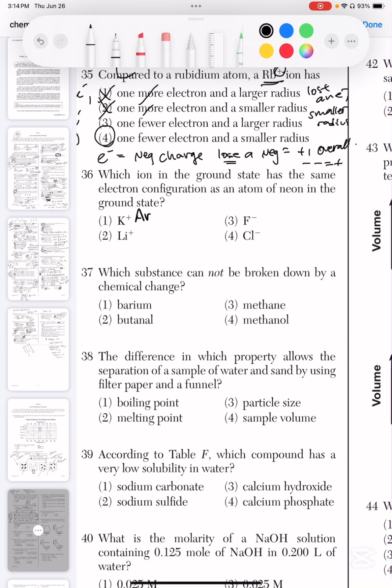This one is helium. This one is neon. This one is argon. So it'd be this. For these two, add 1 electron to the configuration. These two, minus 1 electron.